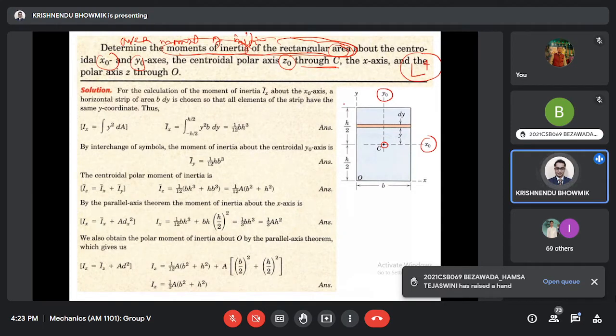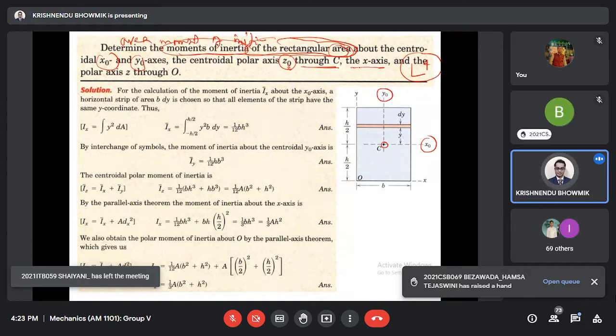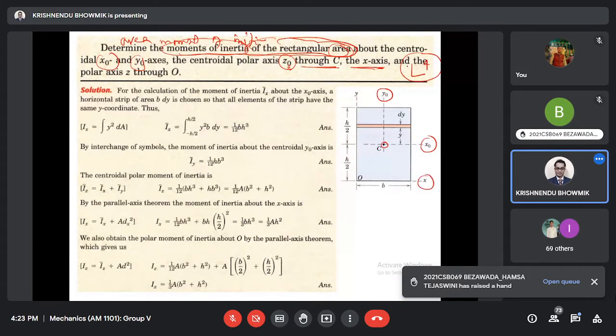You have to calculate the area moment of inertia with x0, y0 and z0. As I told, z is perpendicular, the polar one. Then also with respect to the x-axis, then the polar axis z through O.